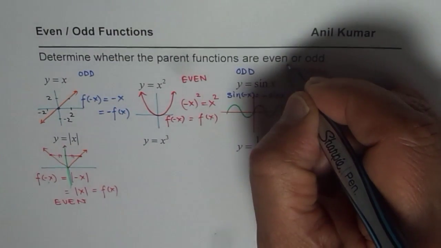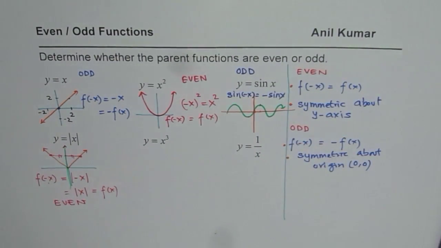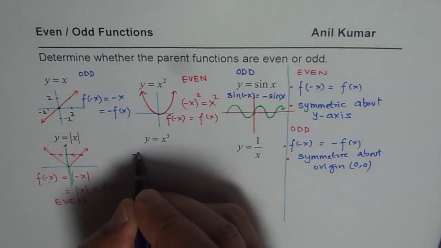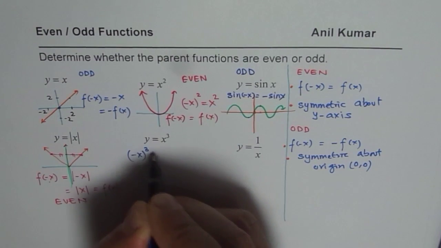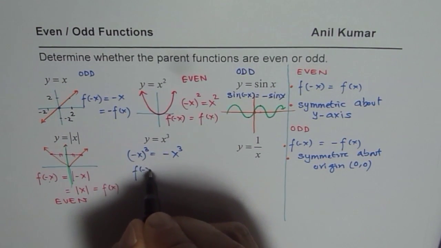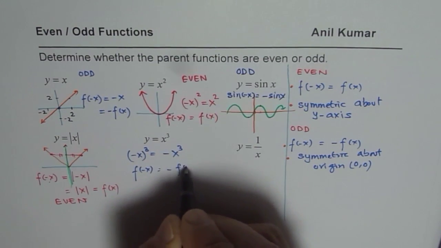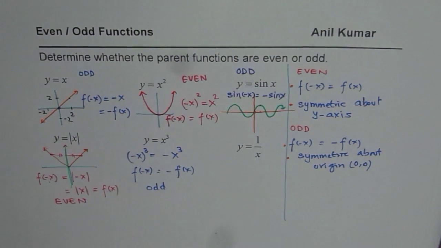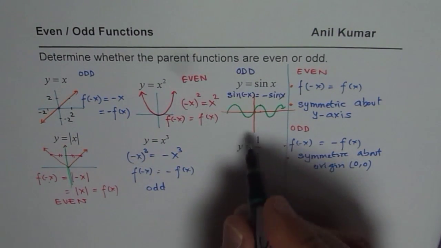Let me just draw a line here to differentiate between all those things. That's good. Let's look into the other two functions also, x cubed. What is minus x whole cubed? Minus x whole cubed is minus x cubed, or we can say f of minus x is equal to minus of f of x, and therefore this becomes an odd function also. And the last function here is 1 over x.